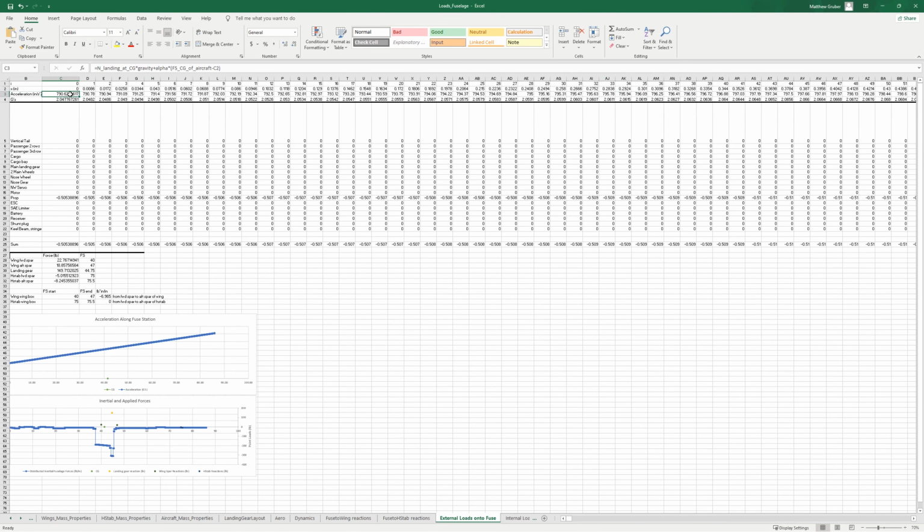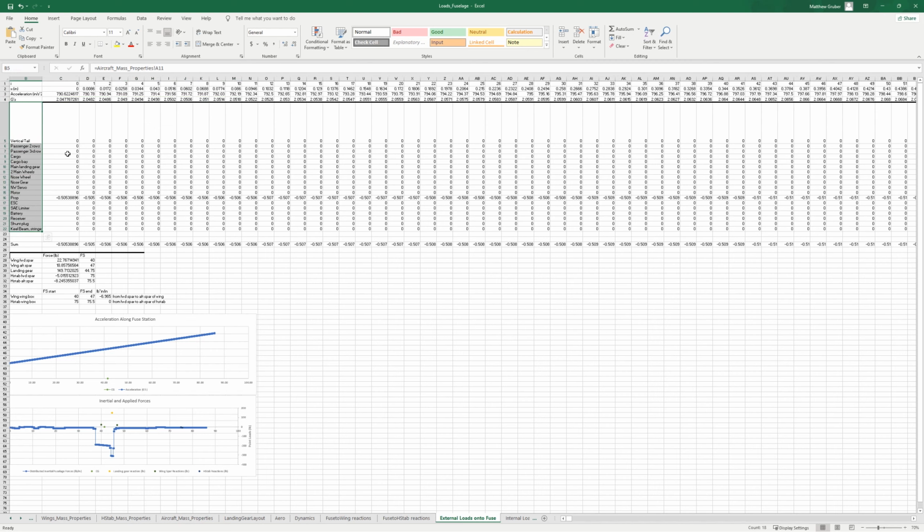And we know the acceleration in terms of inches per second squared at every single one of those fuselage stations from the dynamics tab. And so that's the acceleration in inches per second squared. This is in G's just for reference. And this is the masses of the fuselage from back in the mass properties.